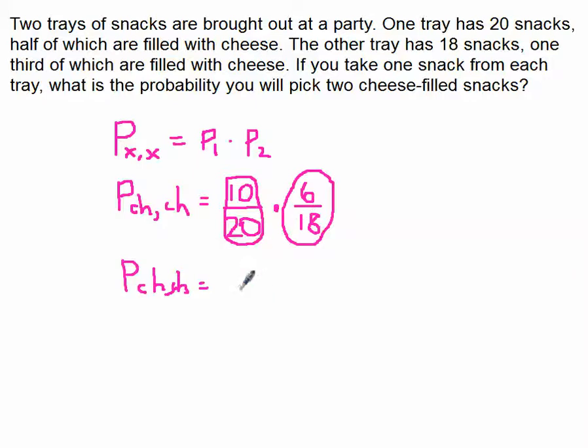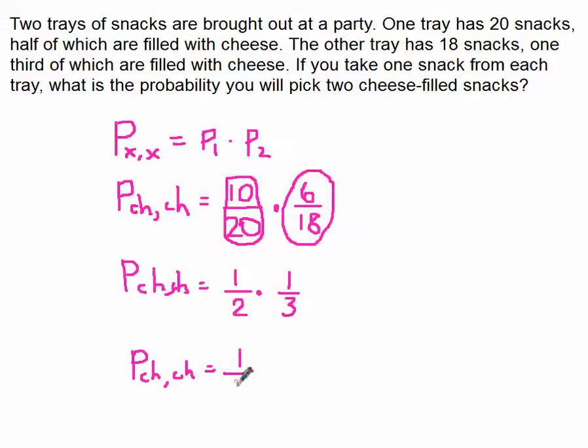Now I notice that these two fractions can be simplified. So I'm going to take 10 over 20 and simplify that to 1/2, and 6 out of 18 is a third, so I'm going to simplify that to a third.